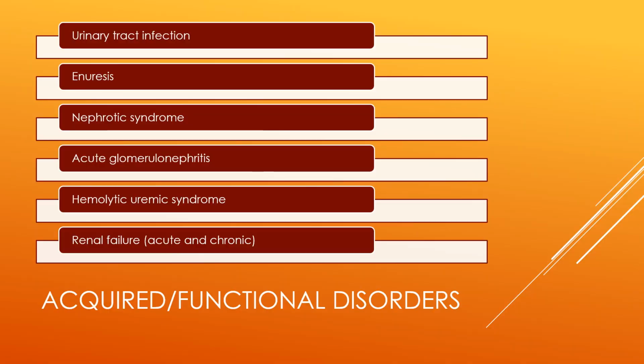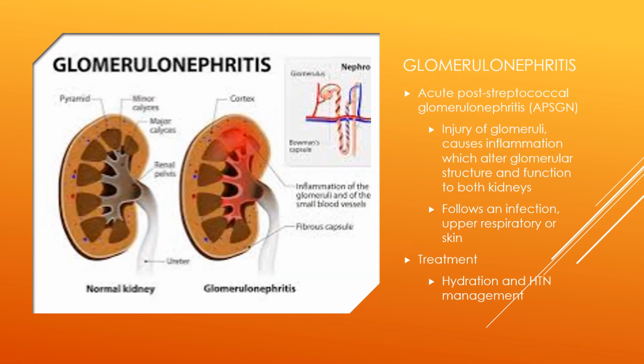Nephrotic syndrome occurs as a result of increased glomerular membrane permeability, which allows abnormal loss of protein in the urine. Acute glomerulonephritis, we're going to talk about that one. This is acute post-streptococcal glomerulonephritis, sometimes you'll see it as APSGN.